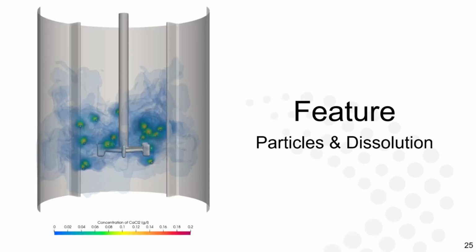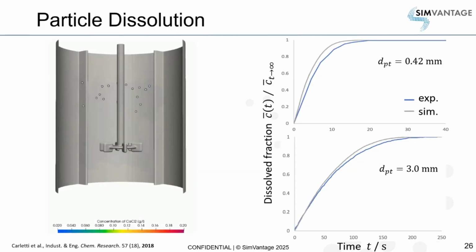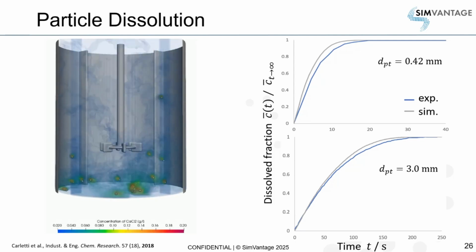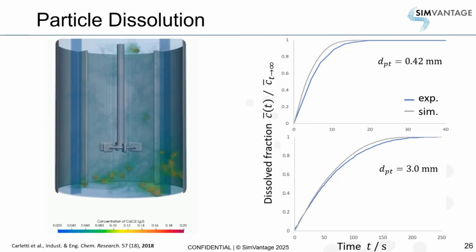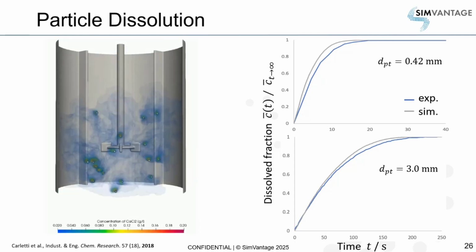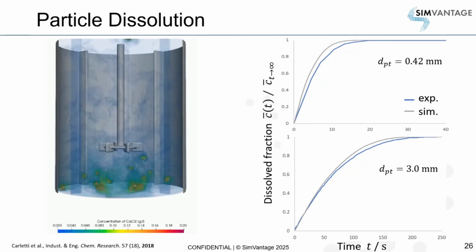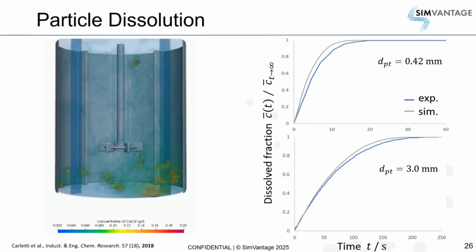Now, as I said earlier, we can also simulate particles. These particles, as you can see here, flow around the reactor and then dissolve partly, and this dissolution can be shown in diagrams for different diameters of particles.